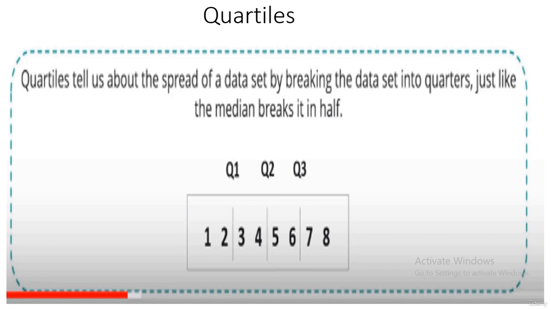But in the case of quartiles, here the first quartile, Q1, is here, and Q2 is this one. That means it has been divided into 4 parts: Q1, Q2, Q3. So the data has been divided into quarters.